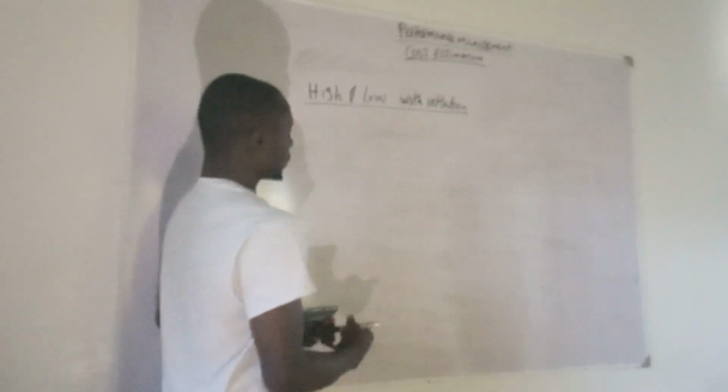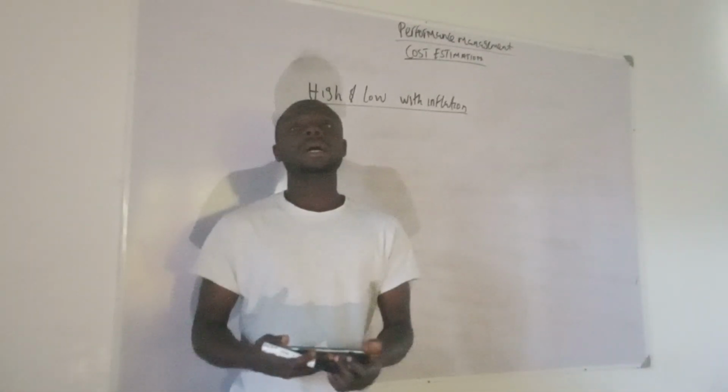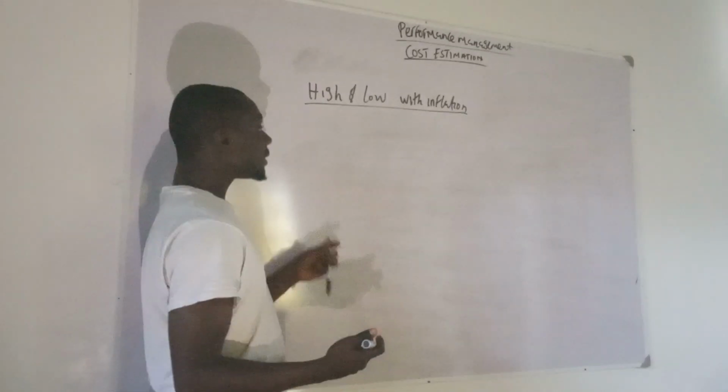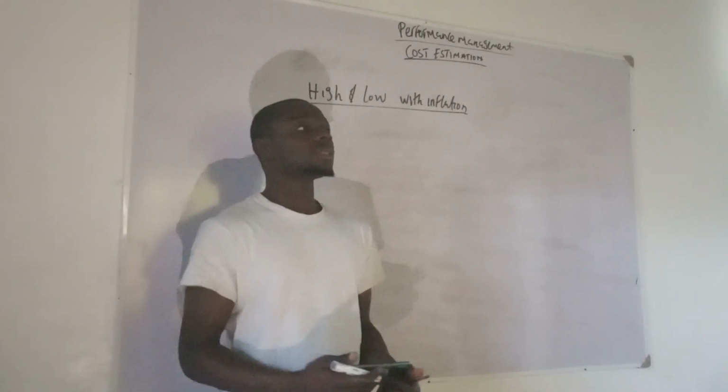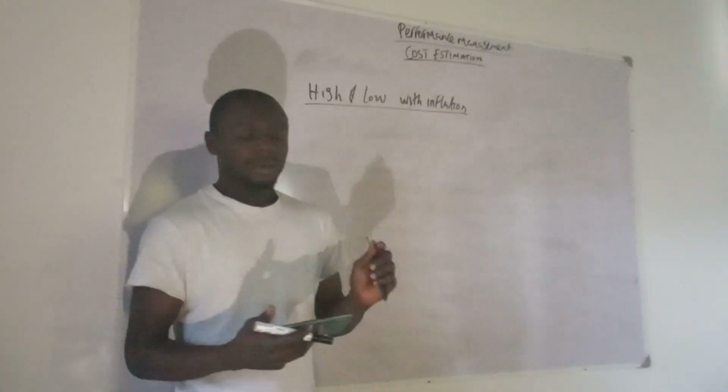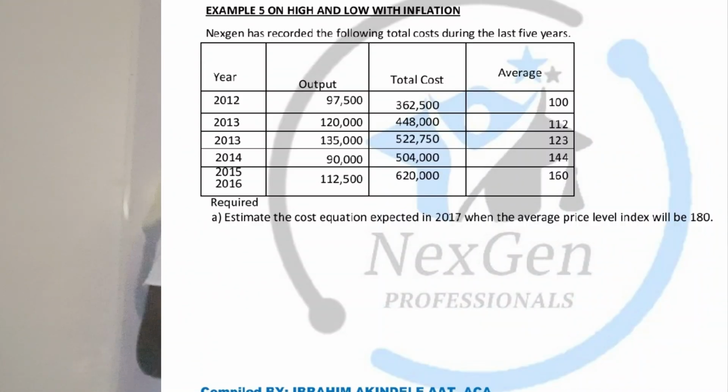With inflation, we will now talk about the price index. You know, the price index is actually used to measure inflation as well. Next Gen Professional has recorded the following total costs during the last 5 years.